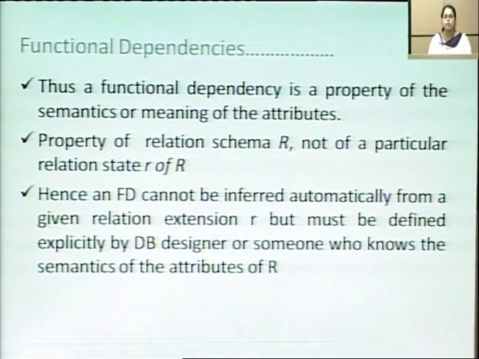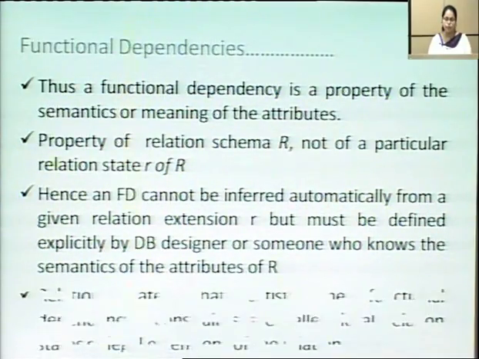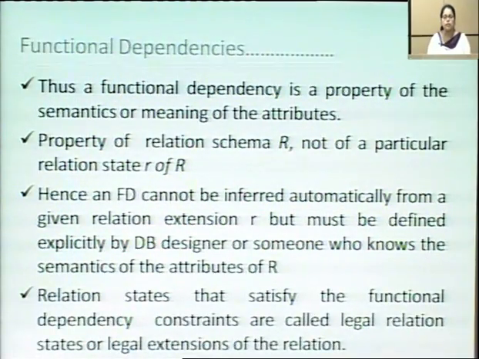Hence, a functional dependency cannot be inferred automatically from a given relation state or extension, but it has to be defined explicitly by the database designer or someone who knows the semantics or meanings of the attributes of the relation. Relation states that satisfy the functional dependency constraints are called legal relation states or legal extensions of the relation.